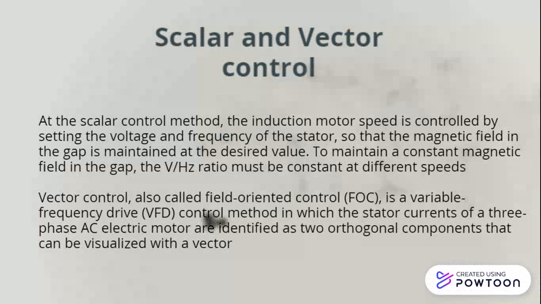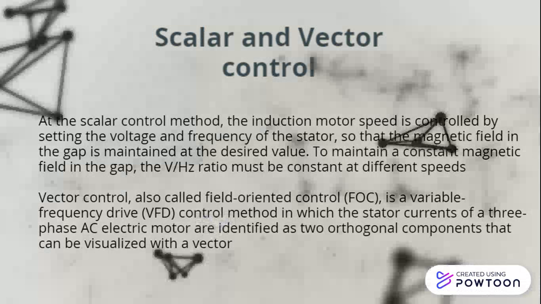Scalar control is the control in which the induction motor speed is controlled by setting the voltage and frequency of the stator so that the magnetic field in the gap is maintained at a desired value. To maintain a constant magnetic field in the gap, the voltage frequency ratio must be constant at different speeds. Now, what is vector control?